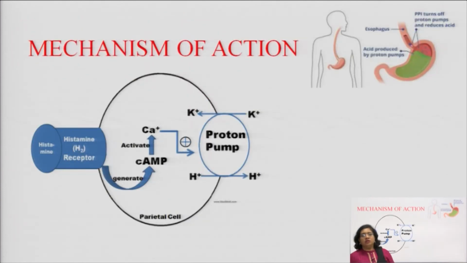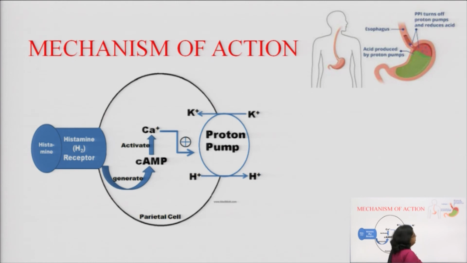Now, I will discuss the mechanism of action of proton pump inhibitors. How do proton pump inhibitors act? In a simple way, you see here, this is the stomach. Acid is produced by the proton pump, which releases H plus. Acid is produced by the proton pump, the potassium hydrogen ATPase enzyme.